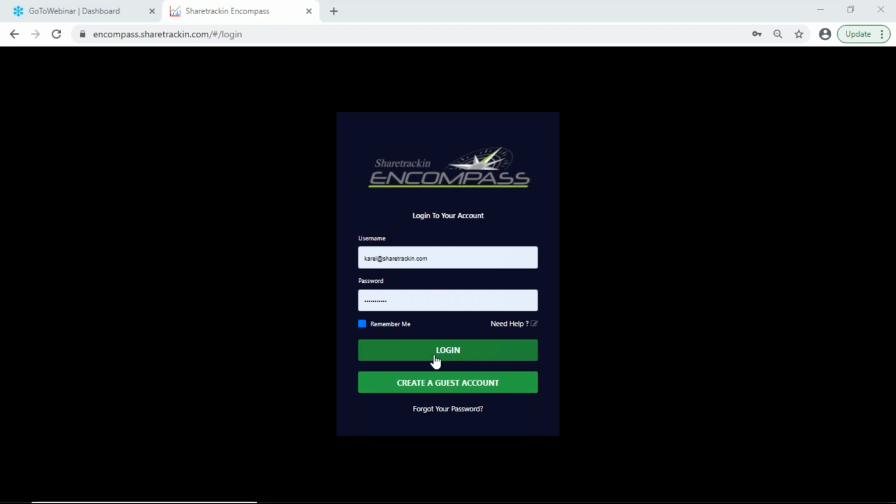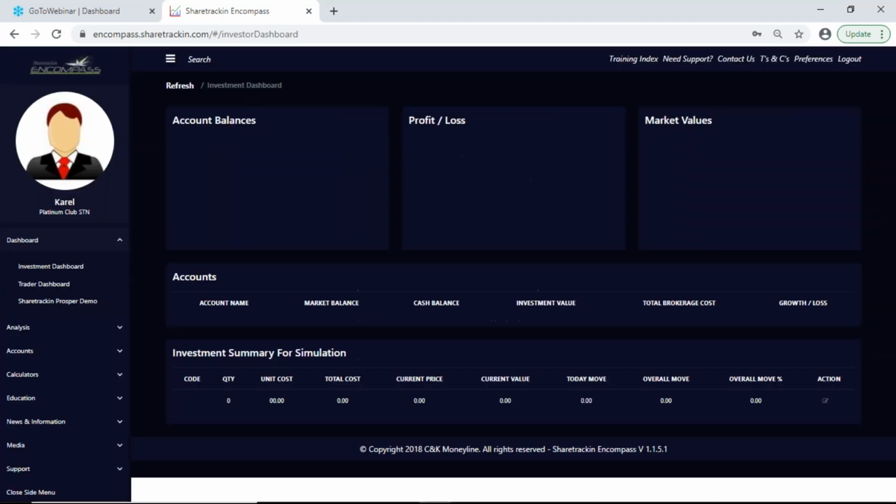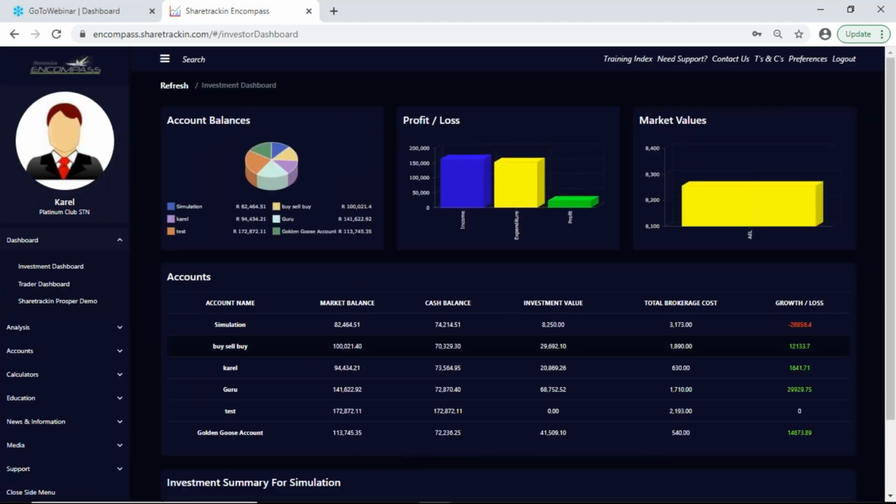So first of all, I'm going to log in. Okay. Once I'm logged in, I will see that I get to my investment dashboard.